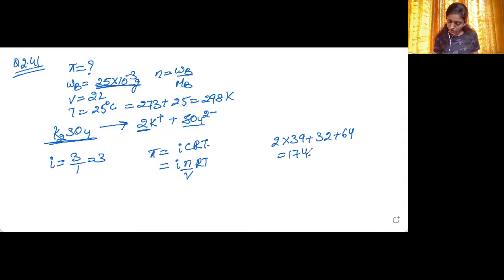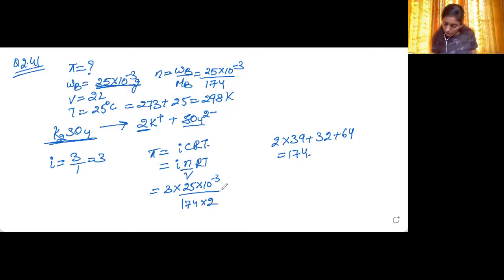So number of moles we can find out. n is equal to 25 into 10 raised to the power minus 3 upon 174. So we can directly put the value here. 3 multiplied by 25 into 10 raised to the power minus 3 upon 174. Volume has been given to be equal to 2 liter. R is 0.082 multiplied by temperature, T is 298 Kelvin.